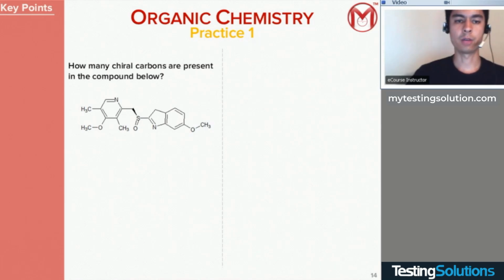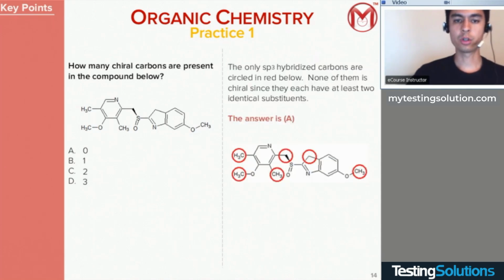Okay, so how many chiral carbons are present in the compound below? Well, we first need to identify which are the carbon atoms that are sp3 hybridized. That's the first condition they have to meet. So I've circled all of the sp3 hybridized carbon atoms. The next question is, how many of them have 4 different substituent groups?